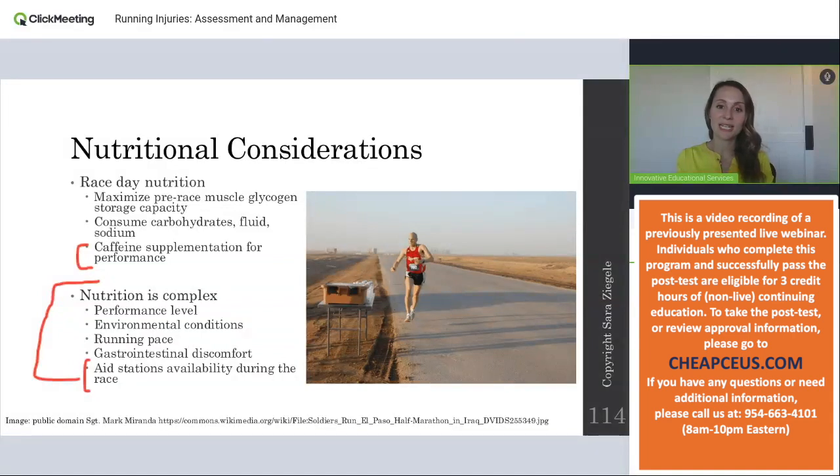So she said she was then able to actually change her entire nutritional strategy because she didn't have to worry about carrying it. So thinking about whether someone is carrying nutrition, whether there are a lot of aid stations available, if we're talking about our Ironman triathletes, whether someone is actually tracking them and bringing them their food, all of that is going to factor into the overall program.